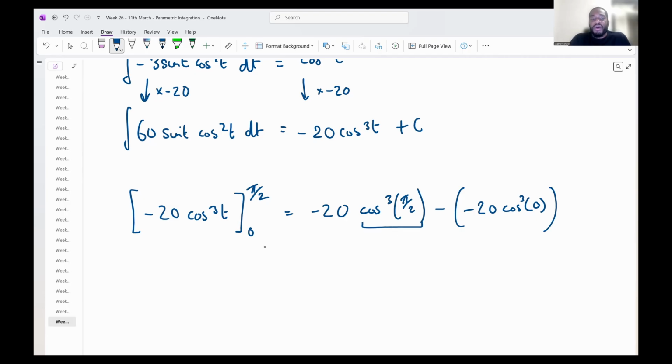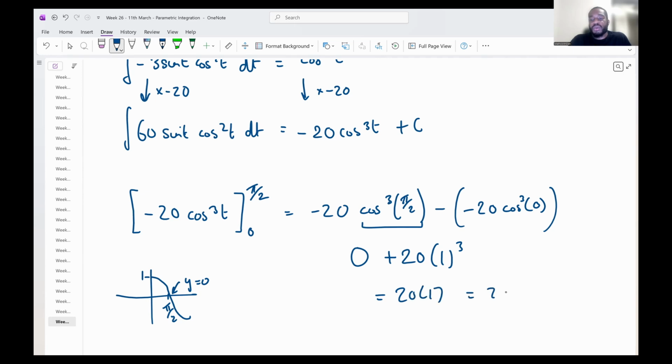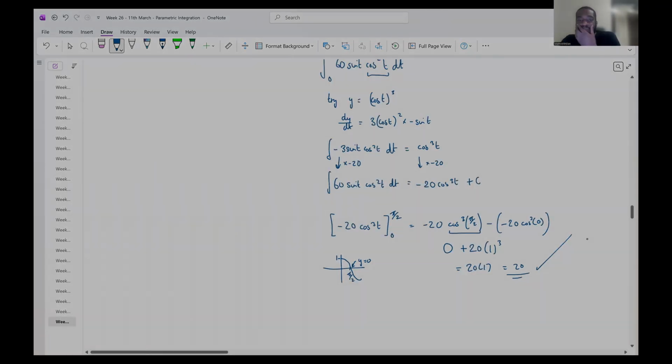Now the cosine of pi over 2 is 0, right? The cos graph is 0 there. So that is just 0 because we're cubing it. Minus minus is a plus, and the cosine of 0 is 1. So therefore it's plus 20 times 1 cubed, which is just 20 times 1, which is 20, as they wanted. And that's it. Does that make sense?